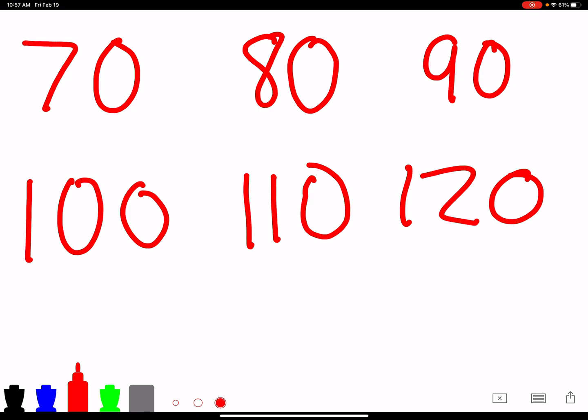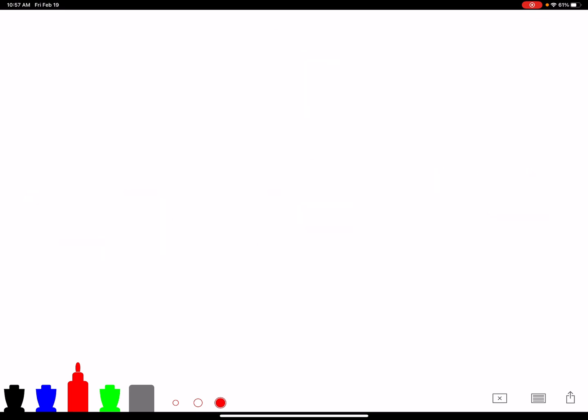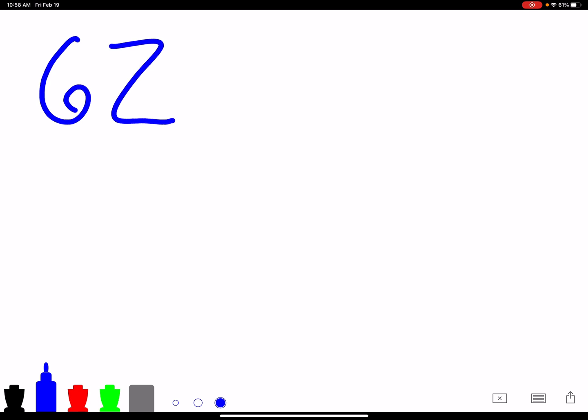Well, now this one gets a little more complicated. We're still counting by tens, but what if our starting number was 62? So if we add 10 to 62, what would that be?